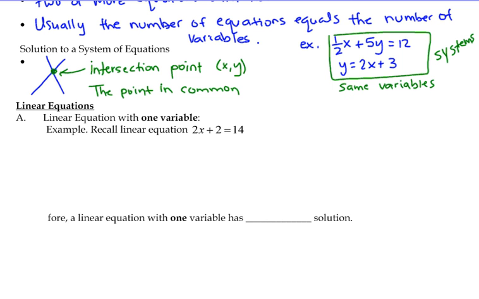What do we do with that when we were solving? Move the 2. So how do we move the 2? Subtract 2. We're left with 2x equals 12, and then divide by 2. So when we had one variable, we always isolated that variable. x equals 6. So how many solutions would you get in an equation with one variable? There's always one solution.